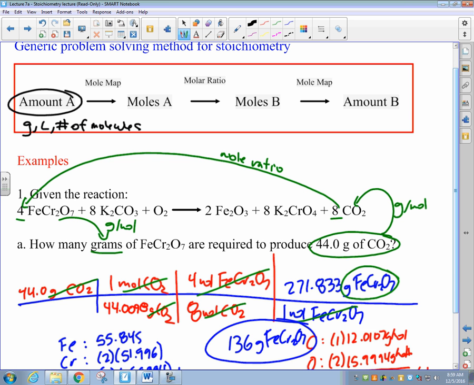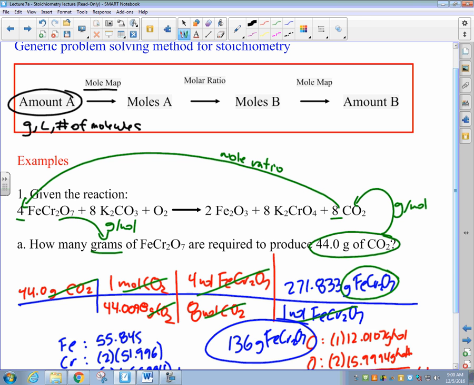The very first step was we converted from the amount into moles. And essentially, we're using a mole map calculation to make that conversion. Now, we need to make the conversion into moles because the stoichiometric ratios described from the balanced chemical equation are not mass ratios, they're not volume ratios, they are molar ratios, the number of particles present there. So amount into moles using the mole map.